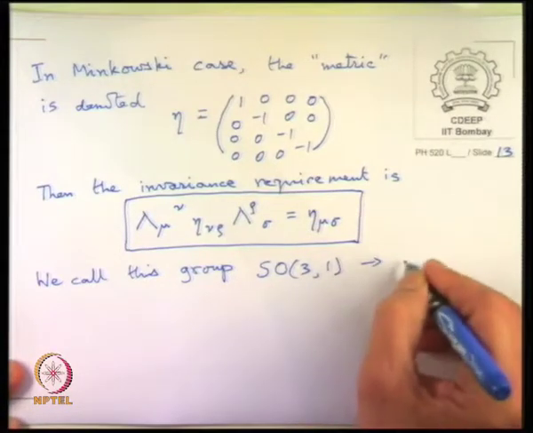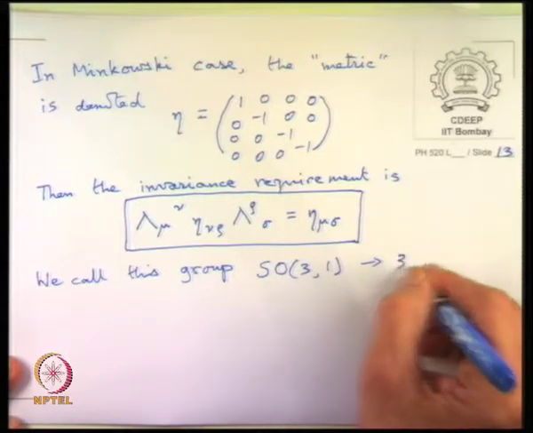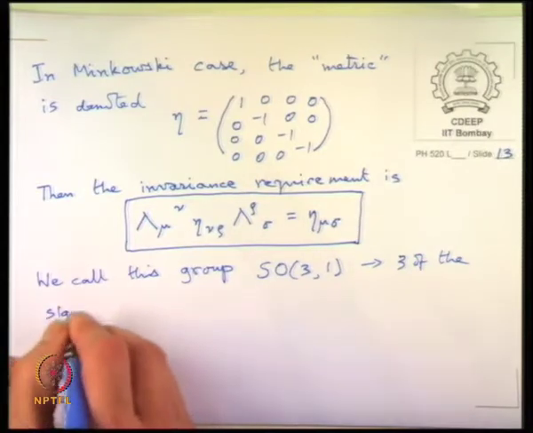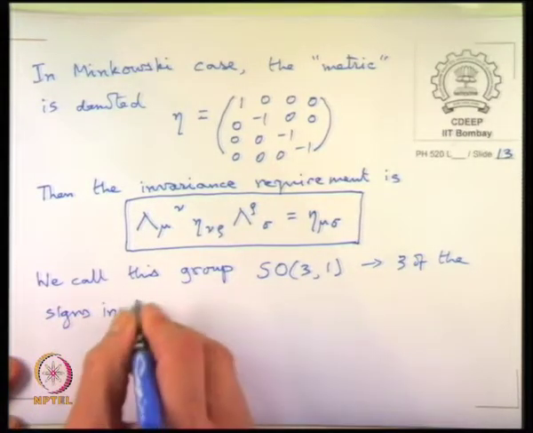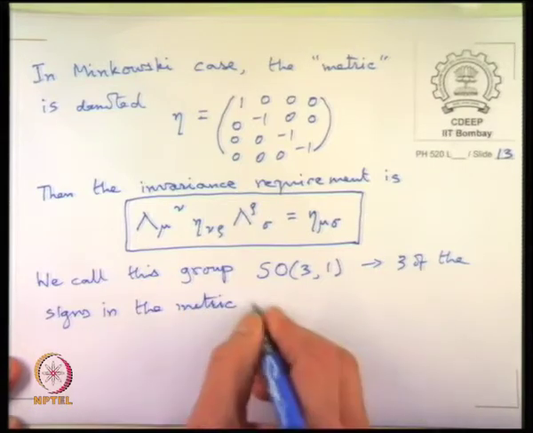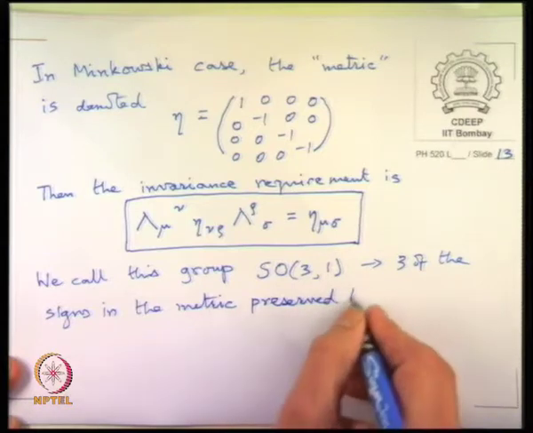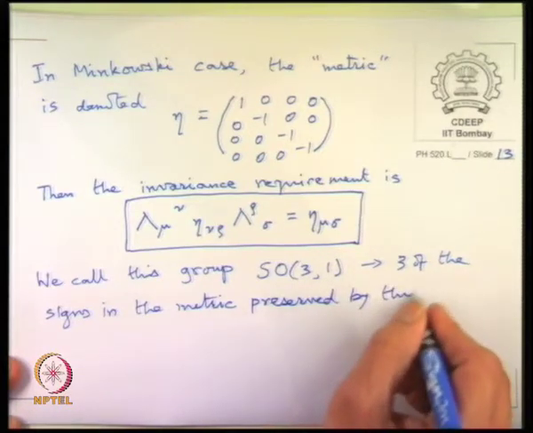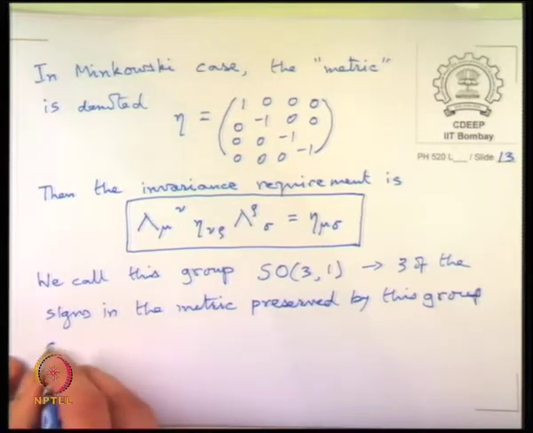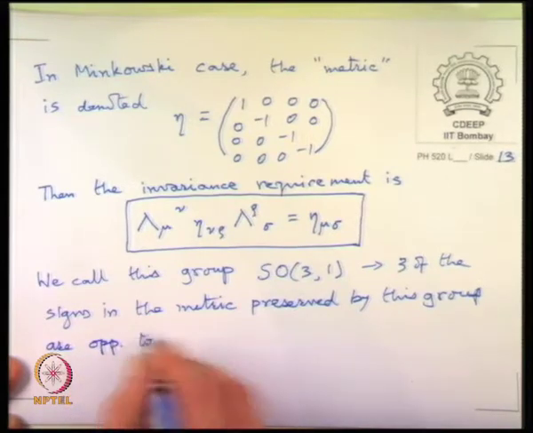This means 3 of the signs in the metric preserved by this group are opposite to the 4th sign.